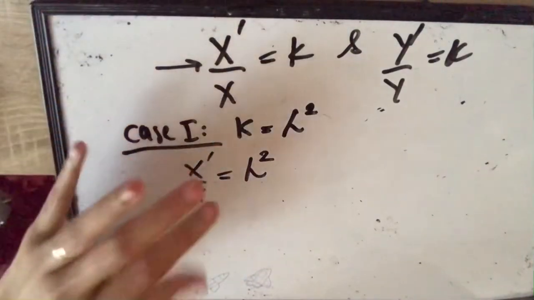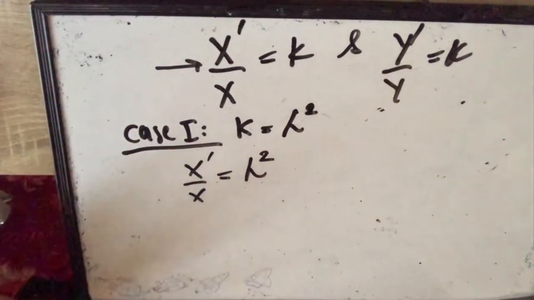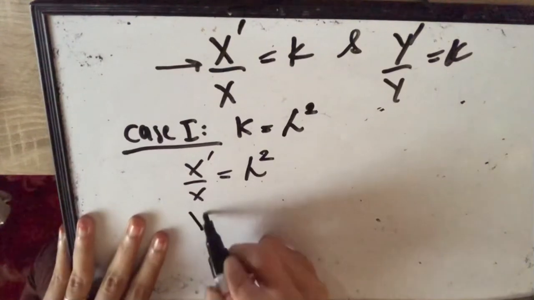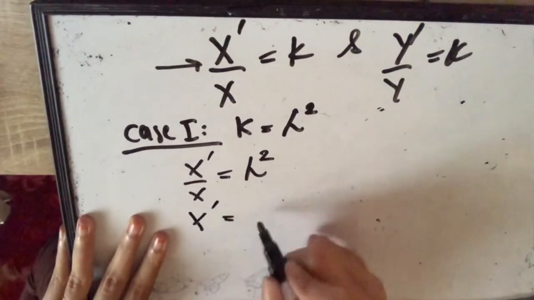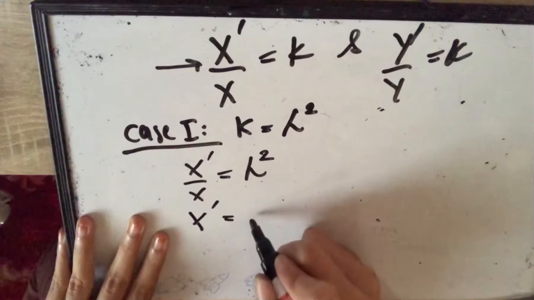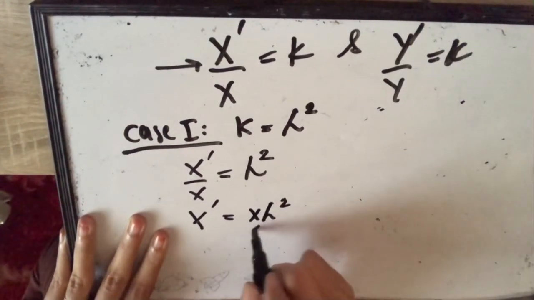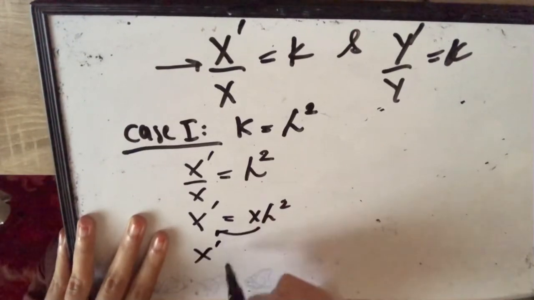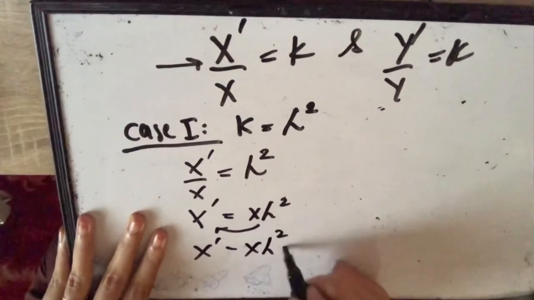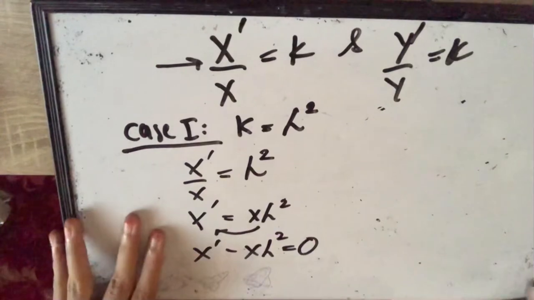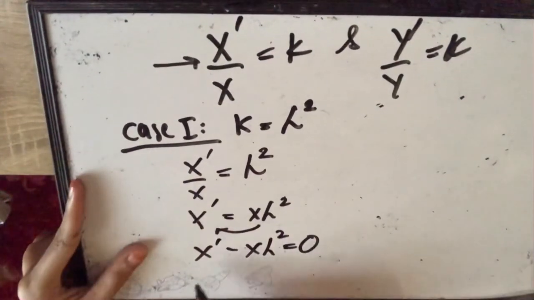I already replaced my k with lambda square. So now you bring this X to the side, you have X lambda square, and then bring it back here: X prime minus X lambda square equal to 0.